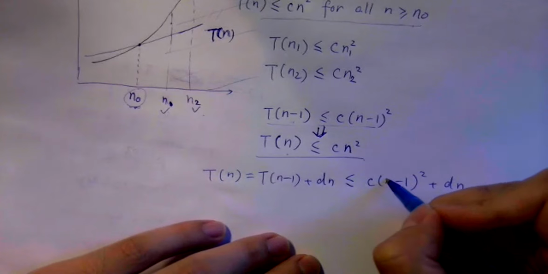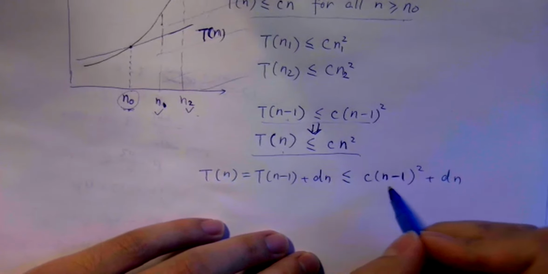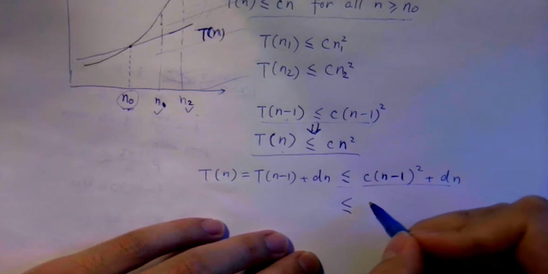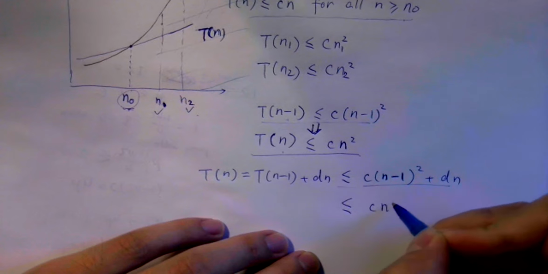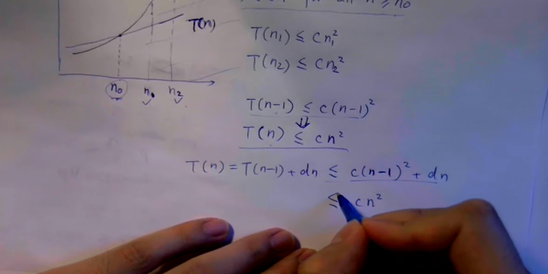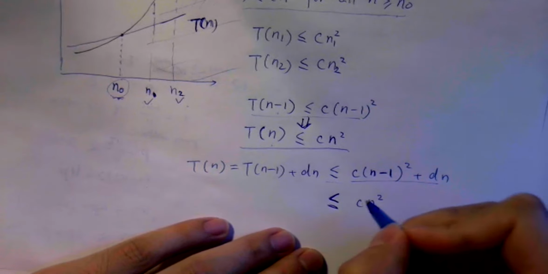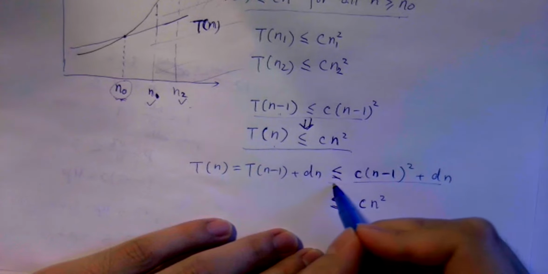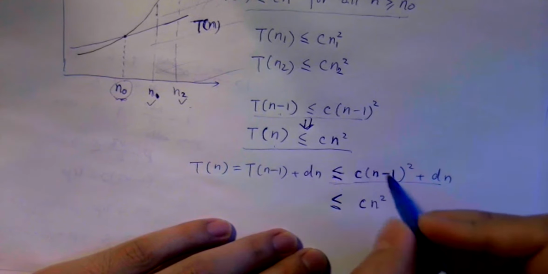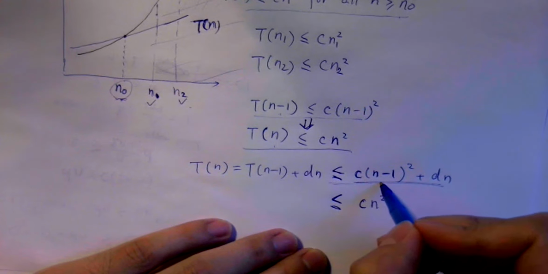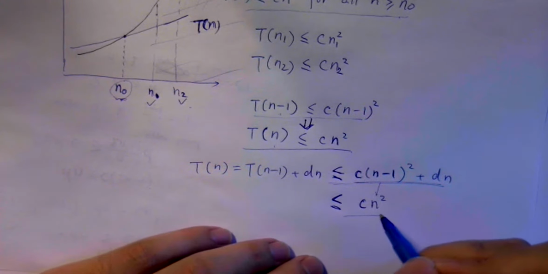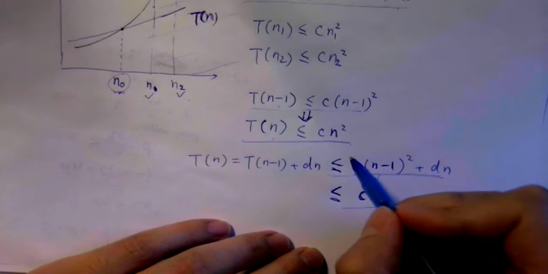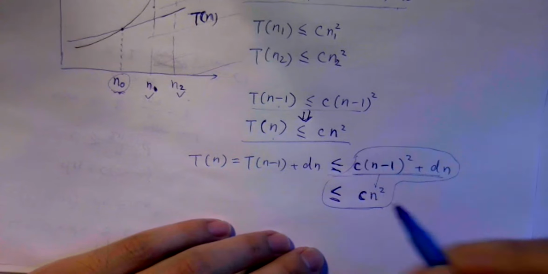We want to step from this inequality to this inequality. If we choose the value of C properly, this quantity will automatically be smaller than this quantity, and then our proof is done. The tricky part is finding the C that always makes this inequality valid.